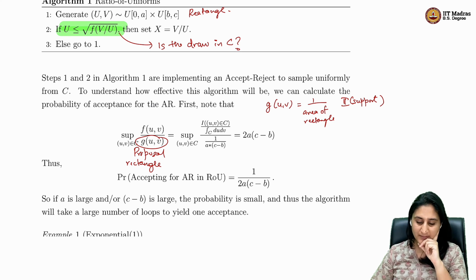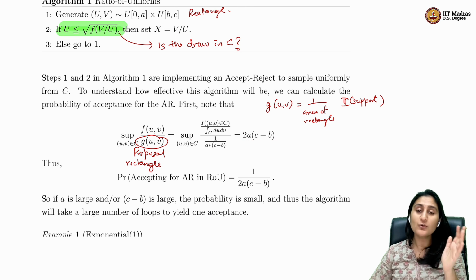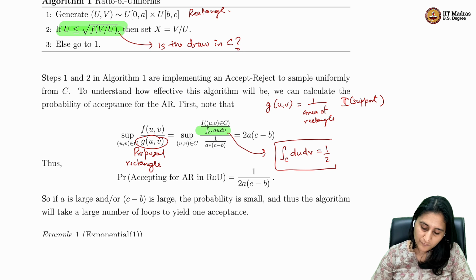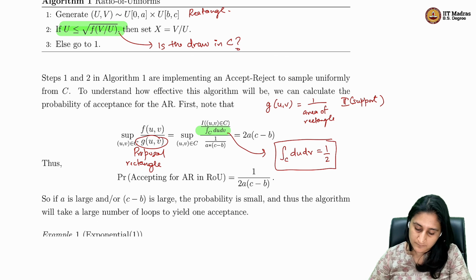And so when I solve this, I get that the constant is 2A times C minus B, where I'm also using the fact that the integral of C du dv was a half. This I obtained in the proof of the theorem.